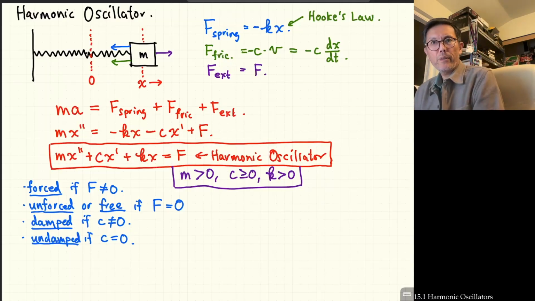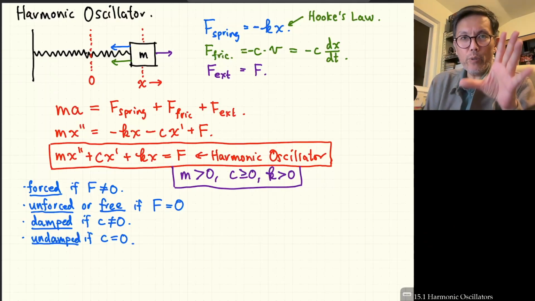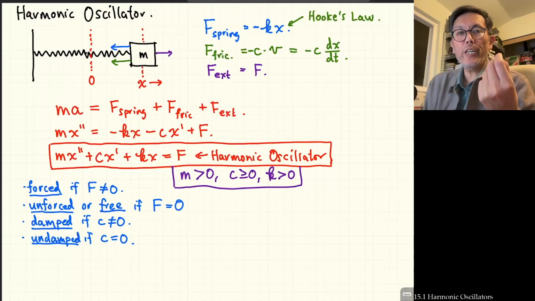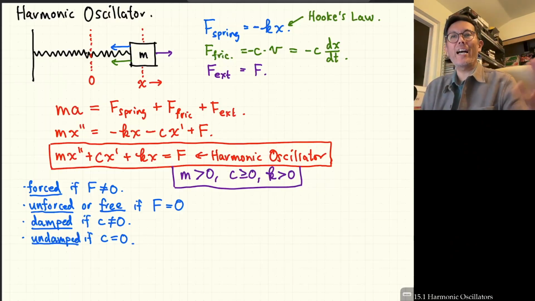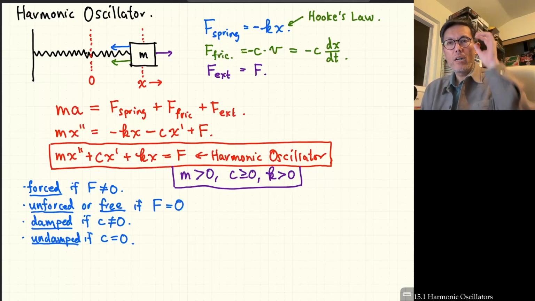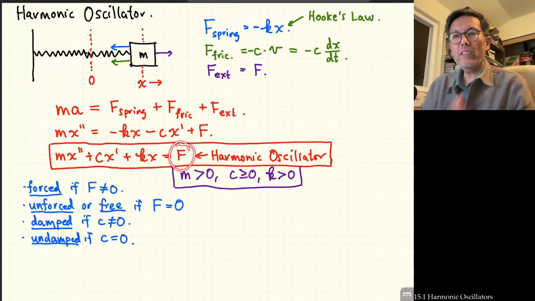One other note. So here, make sure you understand, the dependent variable here is x, and the independent variable is time, t, okay? Furthermore, this F, external force here, need not be constant. If it's not constant, then it depends on t in some non-trivial way.